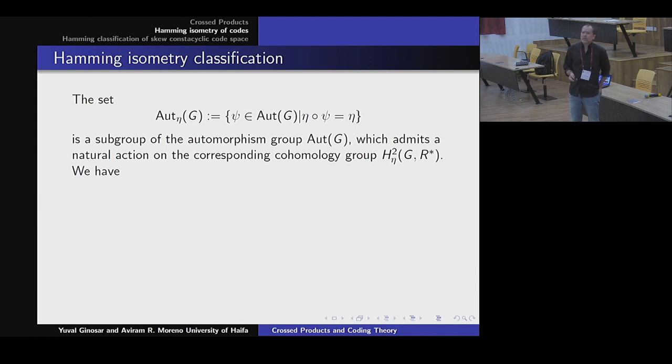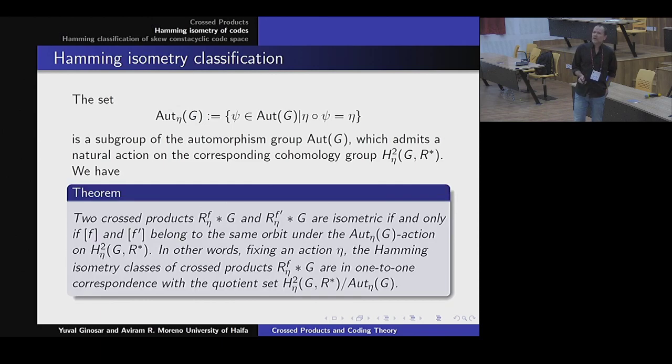This set is not just a set, it's a subgroup of automorphisms of G, which admits a natural action on the corresponding cohomology group, H^2_eta(G, R*). So when we have a group of cocycles, we mod out by the group of coboundaries, we get the cohomology group, and on this group, this group of compatible automorphisms is well defined.